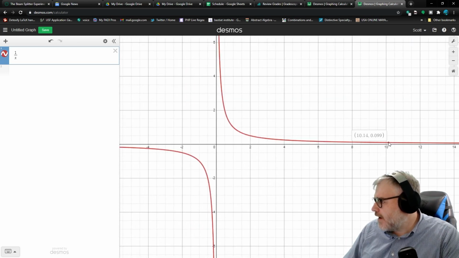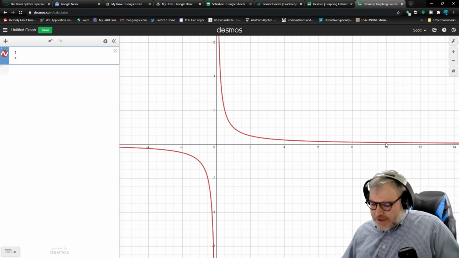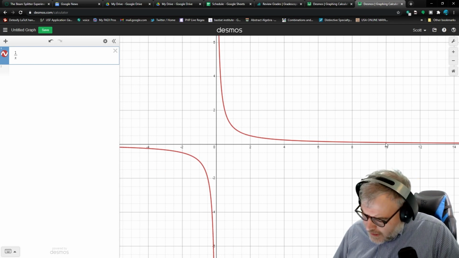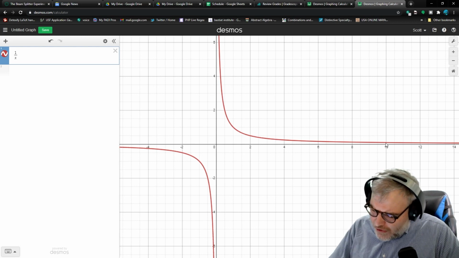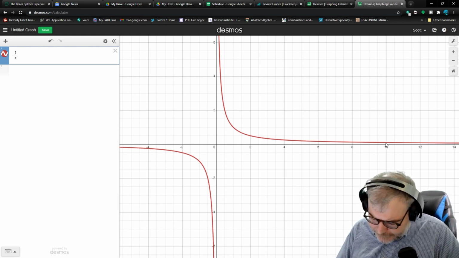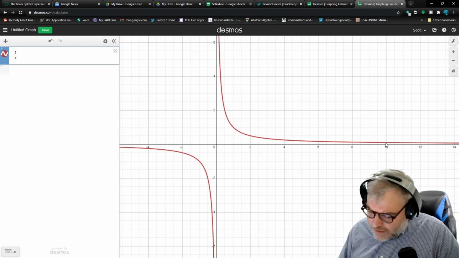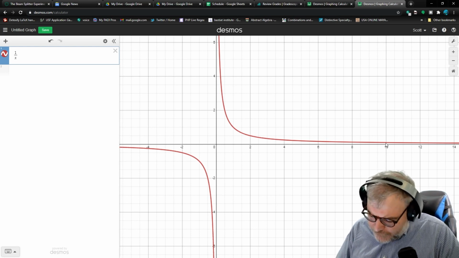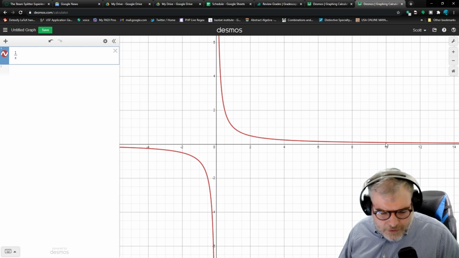Right, so let's pick some numbers, okay? And this function is very important. It's called the reciprocal function. Right, this one gets closer and closer to 0. And this is an important function. It's called the reciprocal function. Okay?